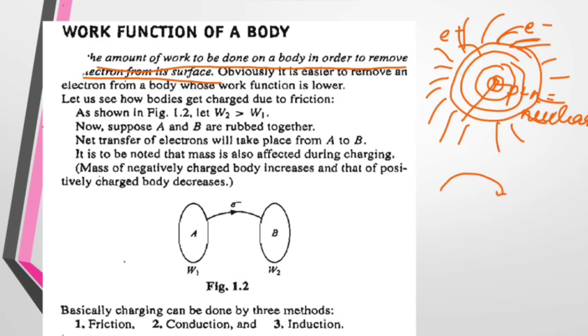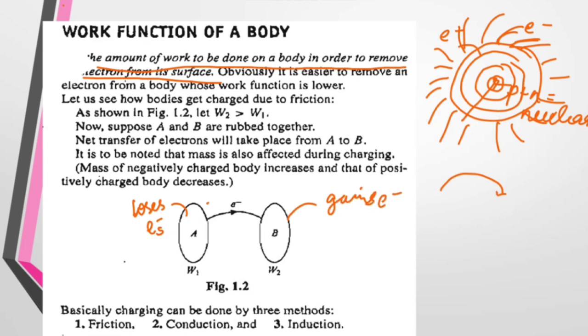Okay, suppose I rub two bodies, A and B, and a net electron transfer takes place from A to B. When electrons transfer from A to B, A loses electrons, and B what? B gains electrons.